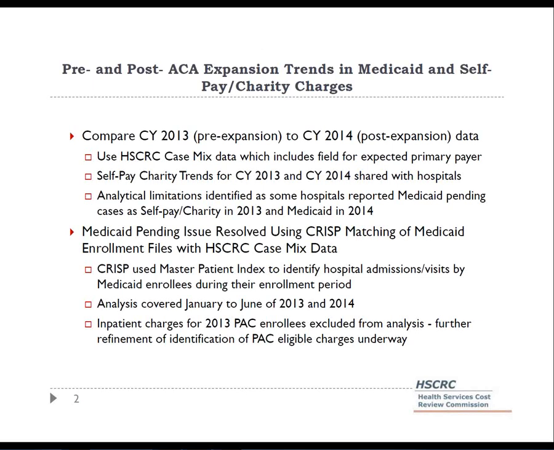So we started out trying to compare calendar 2013 experience in terms of self-pay and charity as the expected payer in our case mix data to calendar year 2014 experience, since the ACA Medicaid expansion was January 1 of 2014. We shared some data with the hospitals at the end of December showing them trends in the self-pay charity expected payer from 2013 to 2014.